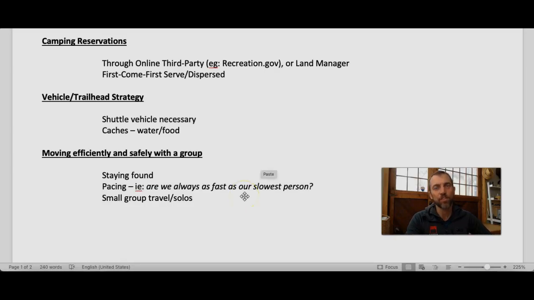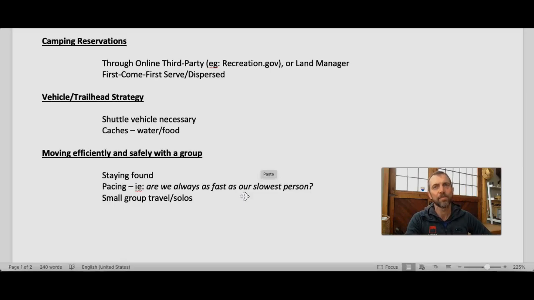And then, of course, you will have your established campgrounds. Sometimes they're first come, first served. Sometimes they are reservable four to six months out. A good resource to check if you can reserve those types of campsites, even group sites, will be resources like recreation.gov.